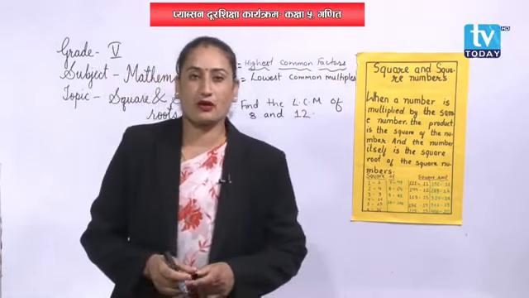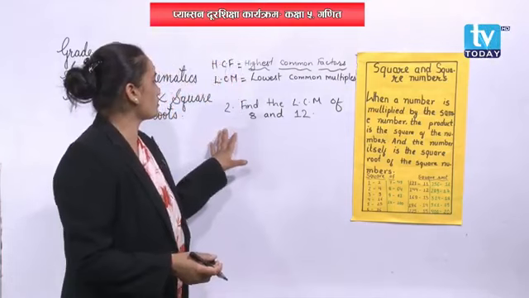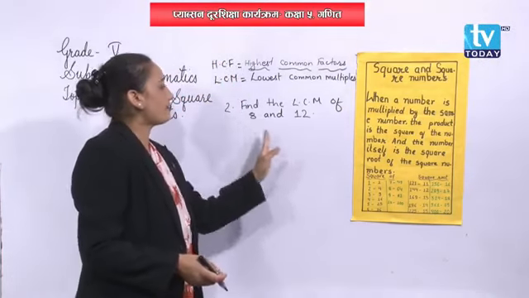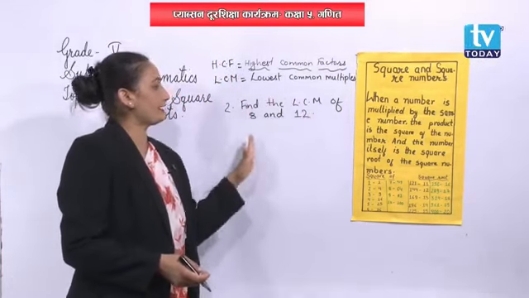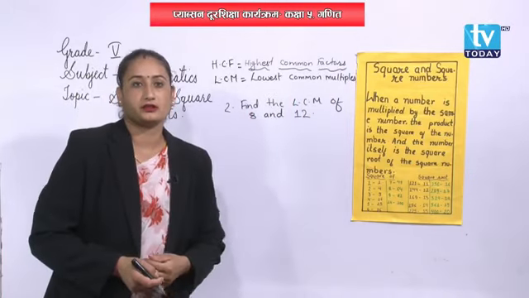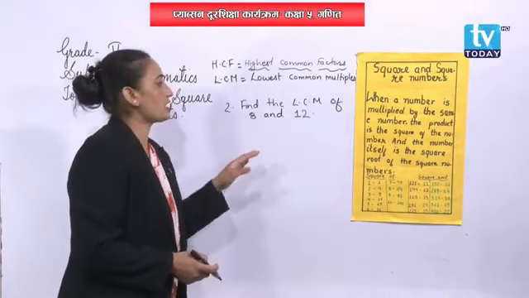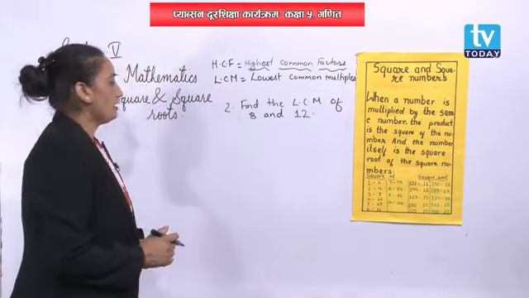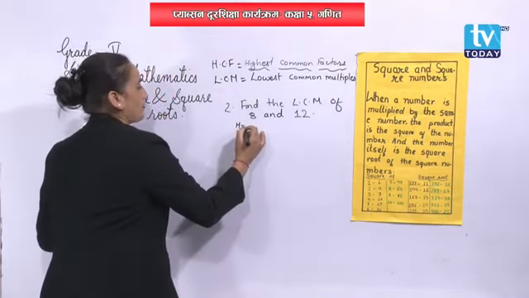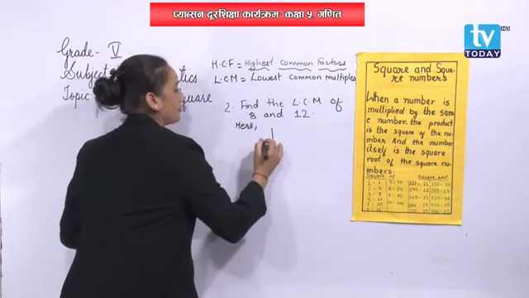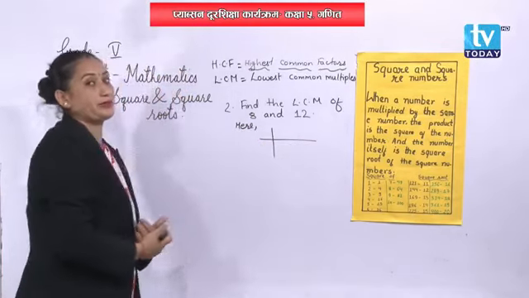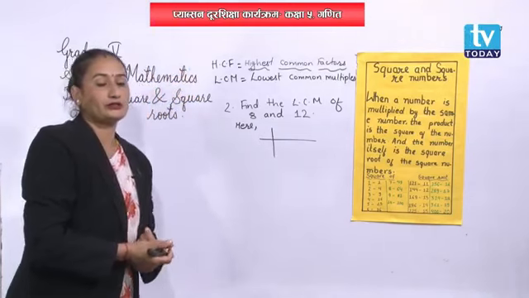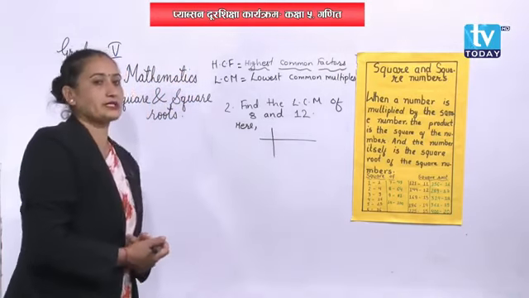Okay students, now I have one question for you, that is find the LCM of 8 and 12. We are going to solve this problem once again through the division method. So let's write the division method of 8 and 12. They will be put in the same place, okay? We are going to find the LCM, lowest common multiple.